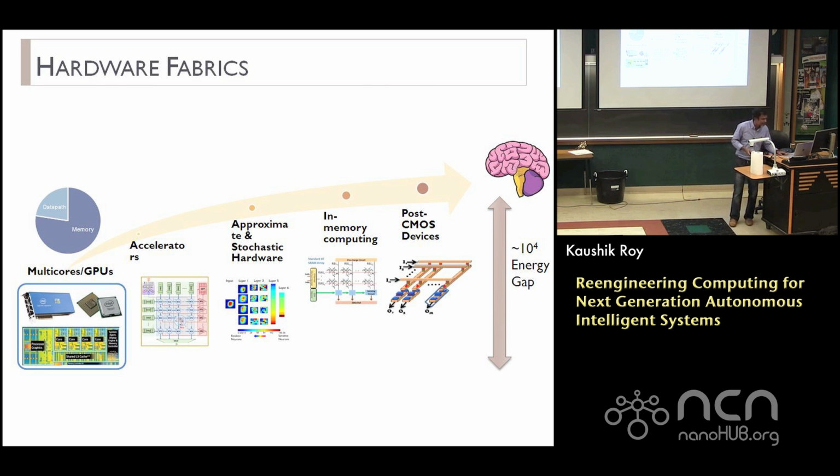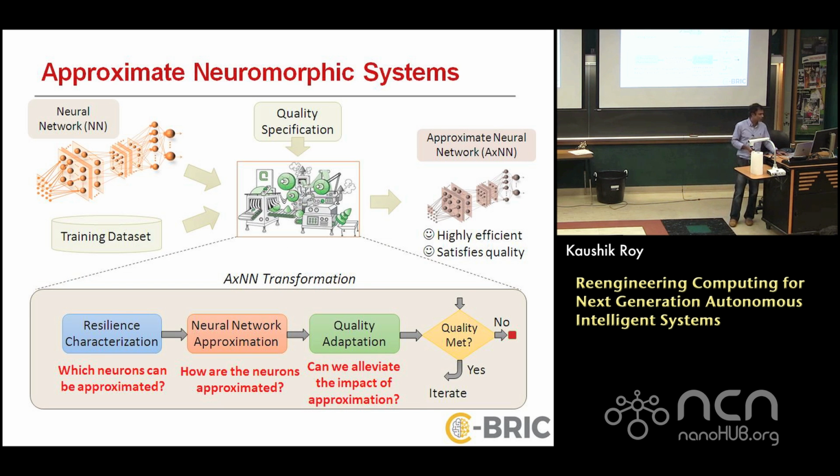In fact, the basic idea is, think of a neural network, and again, let's not go into the details of any one of these things. If I can retrain my neural network with those hardware-level approximations, I can still get a reasonable accuracy.